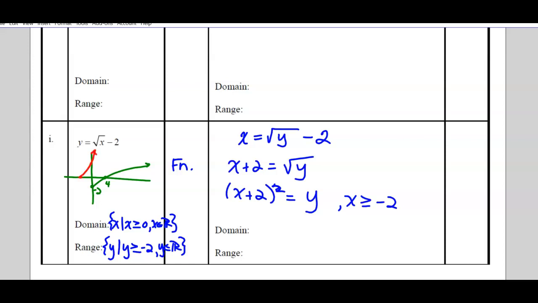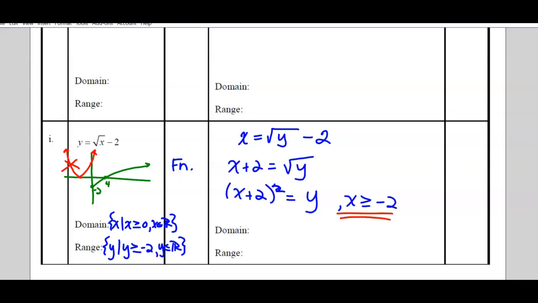If we just graphed it, if we left it like this, we would have two arms. This only has one. This is our original. So we don't want that arm. There's not a choice here. The only thing you can do is give x greater than or equal to -2. It has to be that right-hand arm if this is a positive radical.